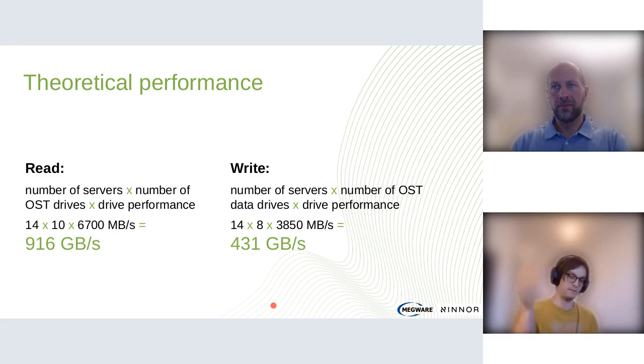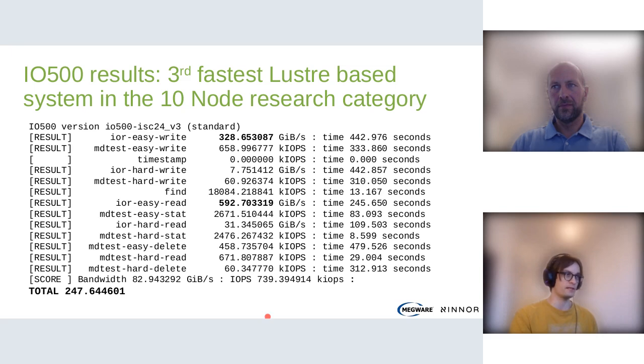And then of course we have some network layer on top, and then the Lustre layer on top. So the closer we get, the better. On the next slide, you can see the actual IO500 10 node challenge result we achieved with this setup.